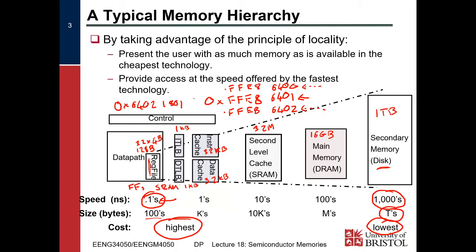And so what we can do is store a chunk of data close to what we've accessed in one of these memories, and then most likely we will be able to pick up that data very, very quickly, rather than having to go all the way back to secondary, the largest piece of memory in our system. Most likely we'll be able to fetch the data from a much lower level cache, like the instruction cache, data cache, or a second level cache.